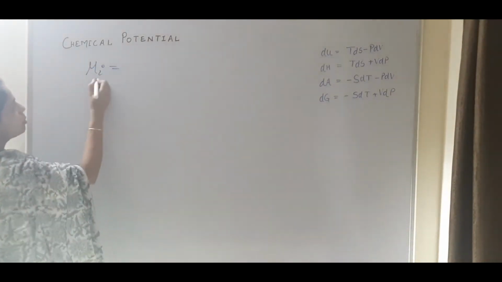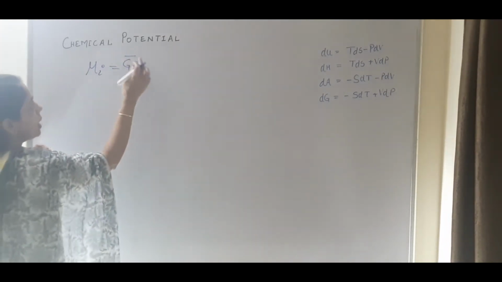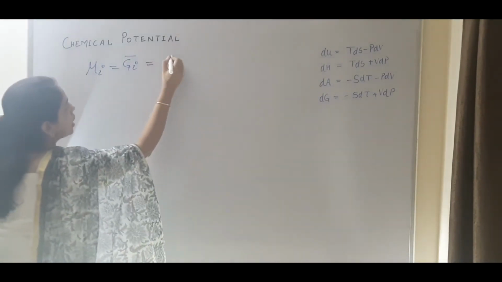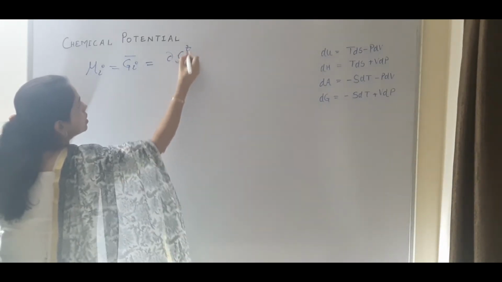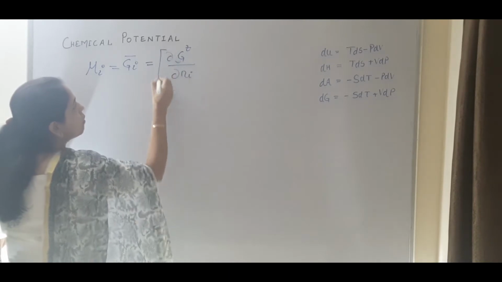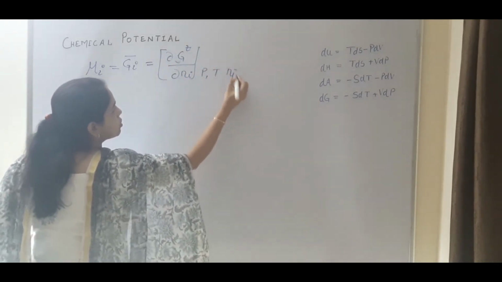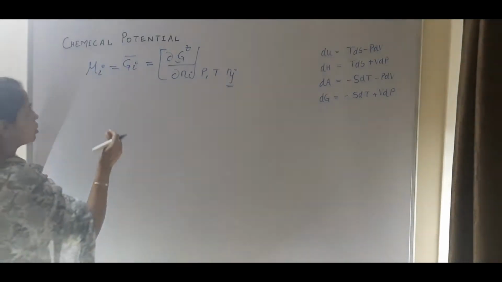We know that mu i is equal to G i bar, the partial molar Gibbs free energy of component i, which is equal to the partial derivative of the total Gibbs free energy with respect to the number of moles of component i, where pressure, temperature and n j are constant. J means the other components present in the solution are constant.